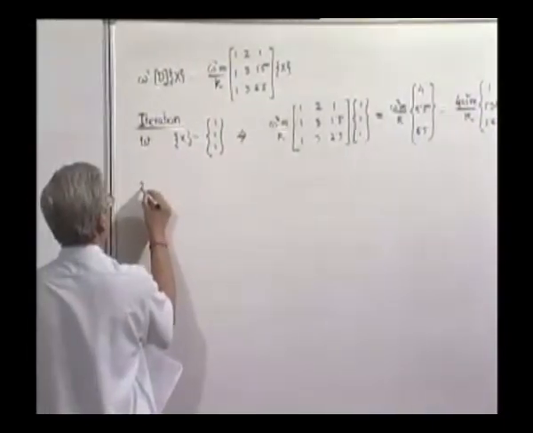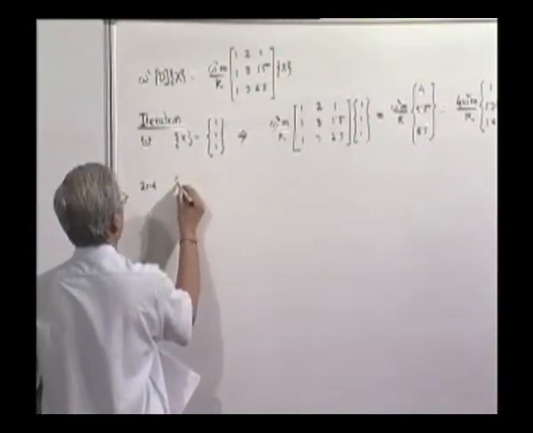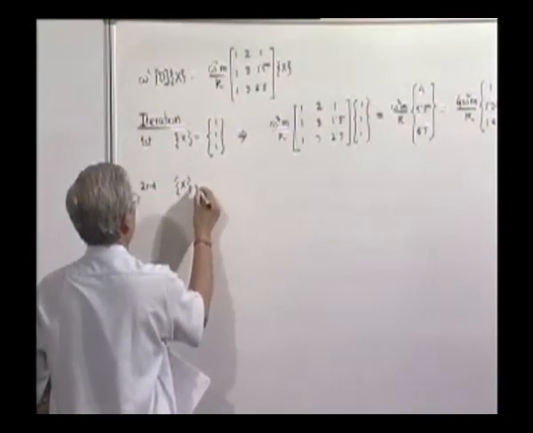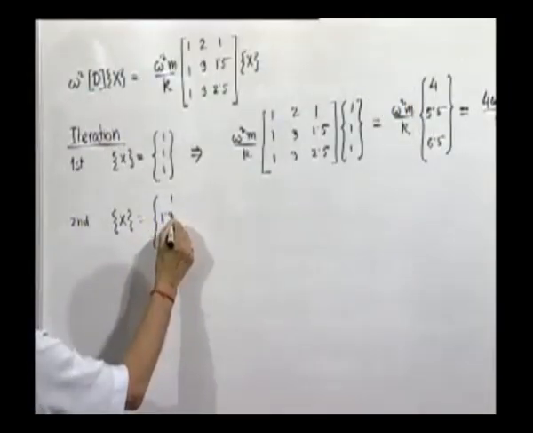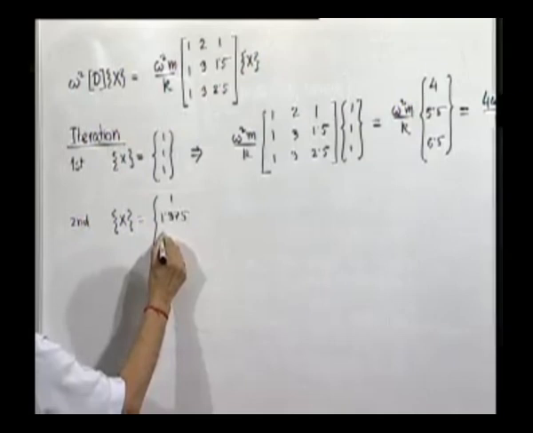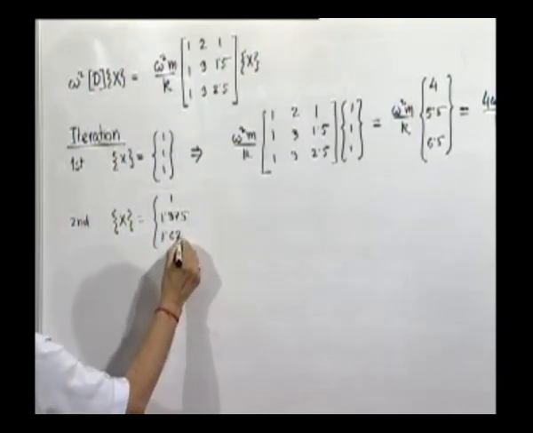So, in the second step, we assume x as that: 1, 1.375, 1.6.